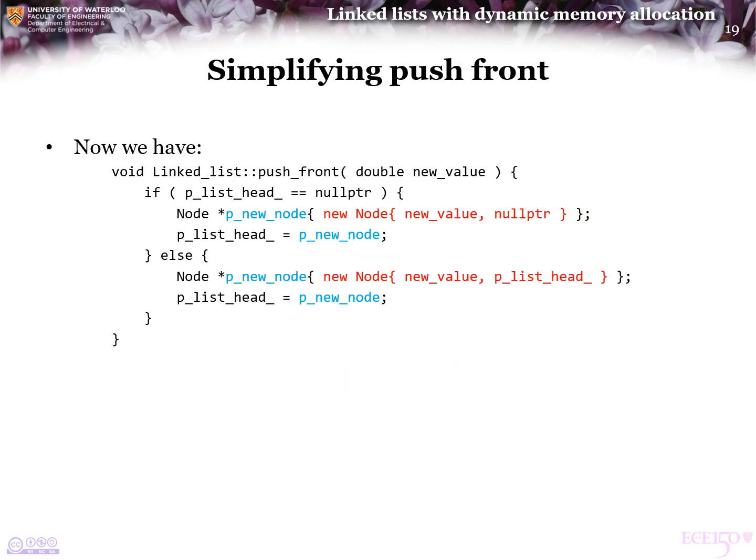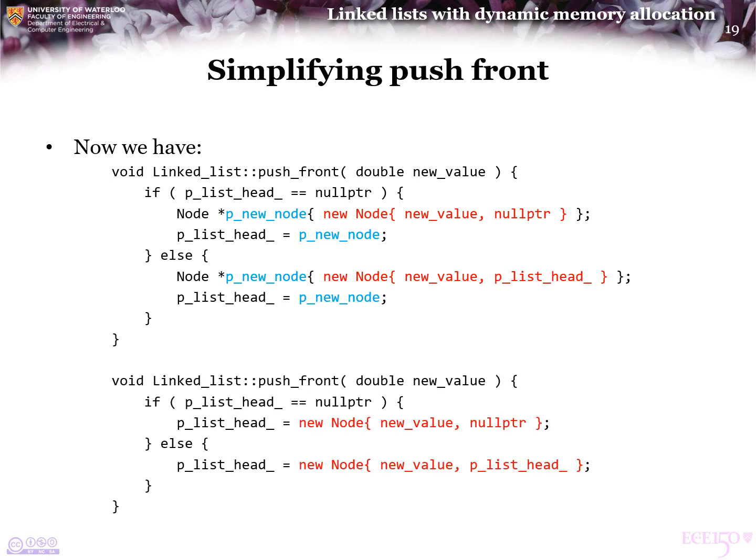All right, so in our push front function, we have two such instances where we create something new, assign it to a local variable, and then assign a member variable the value of that local variable. So in both of these cases, we can just simplify these to have that member variable assigned the value returned by new node.